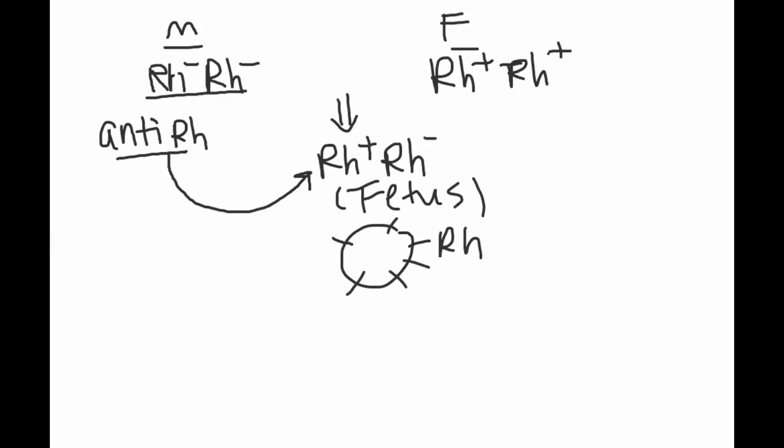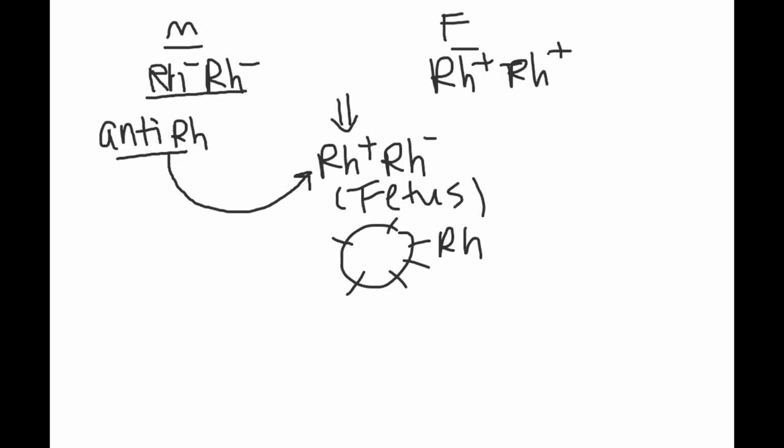So you don't want to have this happen, right? What can you do? First, we know as long as the mother is not exposed to the Rh antigen, she will not develop the antibody.